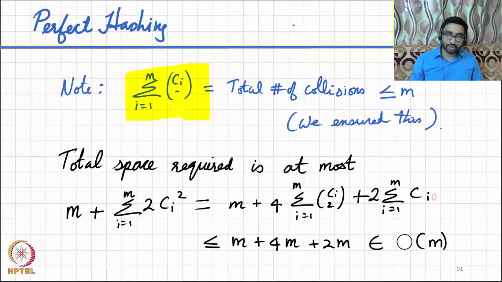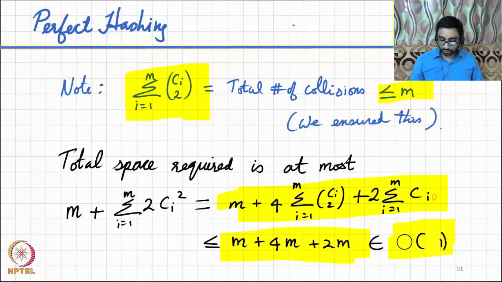But recall that we know that the summation over all i of ci choose 2 is at most m. So this means that we can bound this entire quantity by m plus 4m plus 2m, which is at most O of m. So with that, we conclude our segment on perfect hashing.